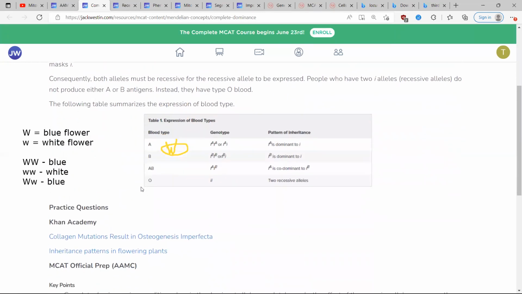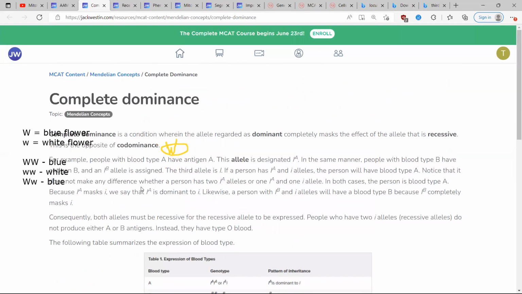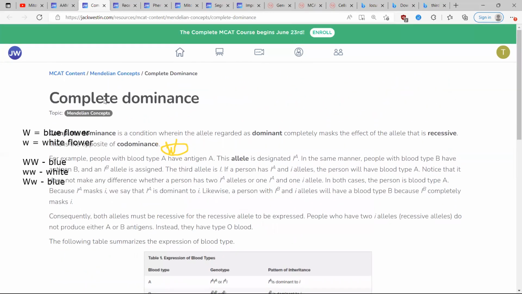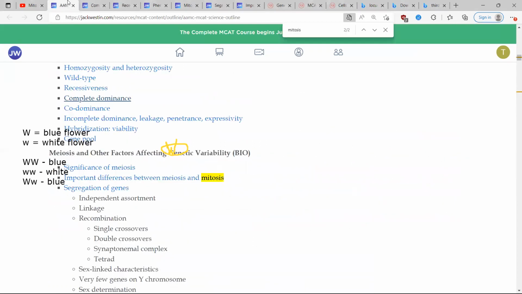This is not always the case. This is how we were taught, but specifically, this is called complete dominance. Complete dominance means that one allele is totally masking the effect of the recessive allele. But that's not always the case.